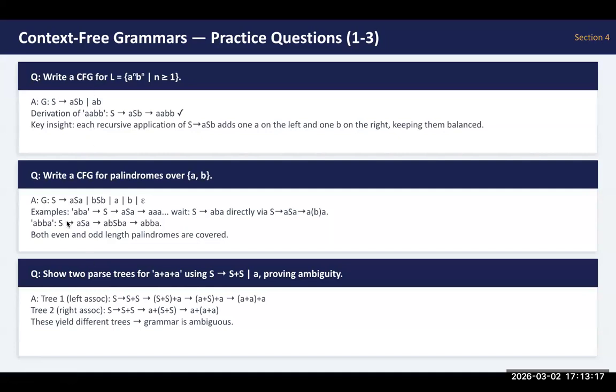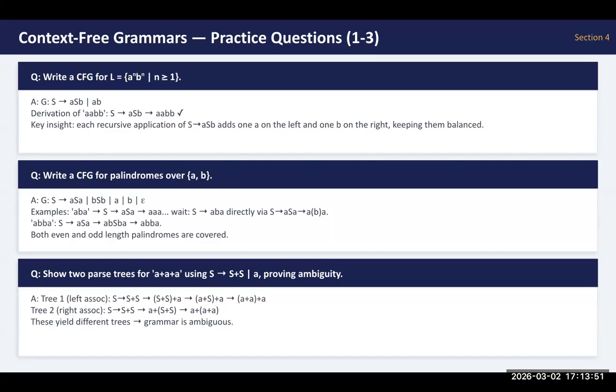Yeah, and then another one is, right, and then for a and b you could have S is equal to aSb, right?